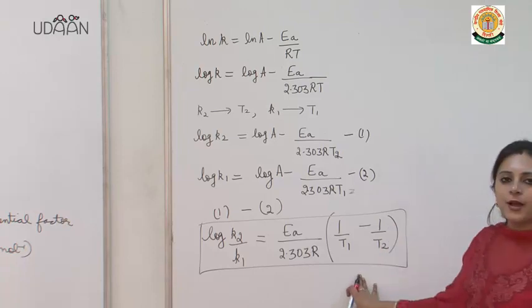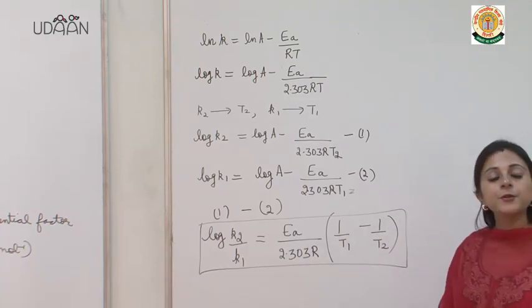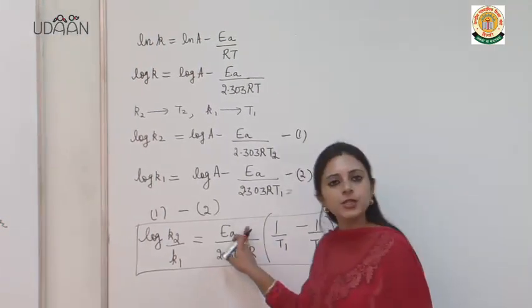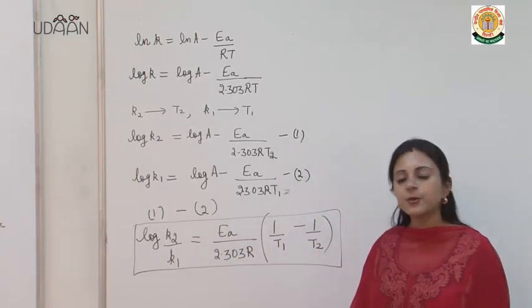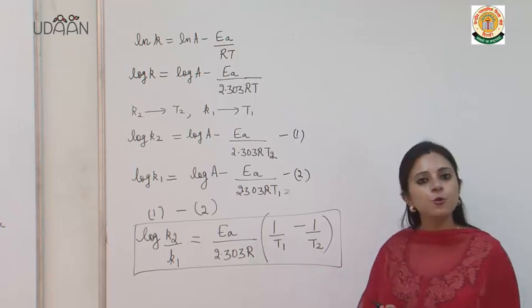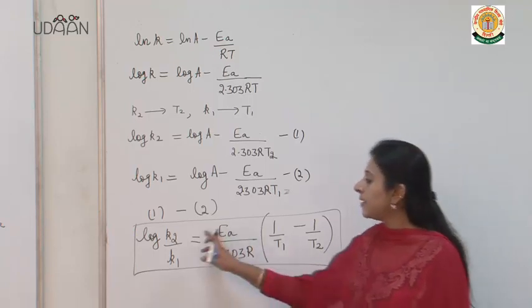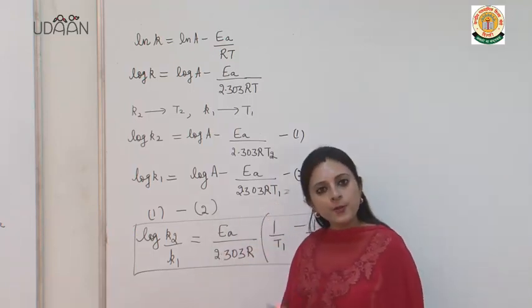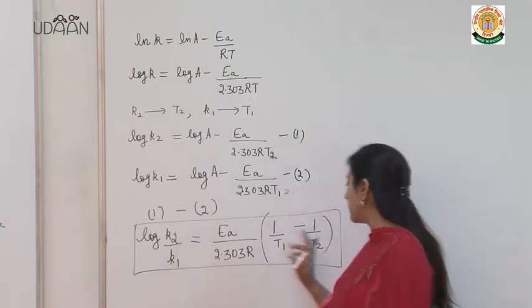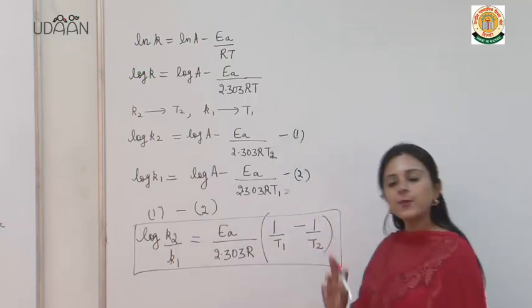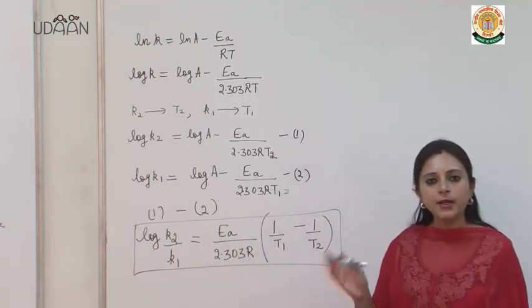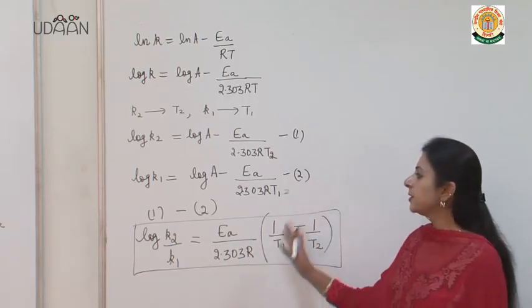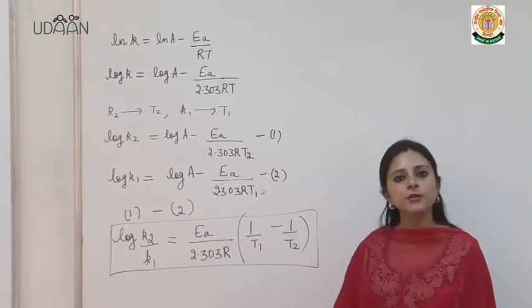So this formula I will use in the numericals, and I have to ensure अगर activation energy किलो जूल पर मोल में given है तो मैं उसको जूल में convert करूँगी क्योंकि R की value जूल में है, and I will substitute the corresponding value of k2 with respect to T2 and corresponding value of k1 with respect to T1. Now let us understand how I will substitute these values in a numerical.